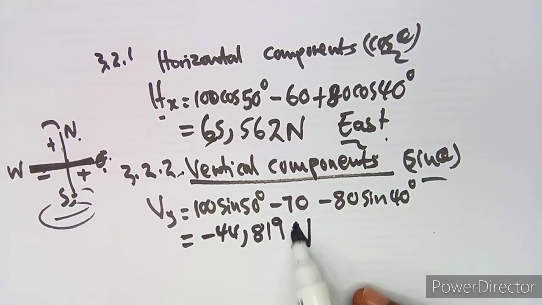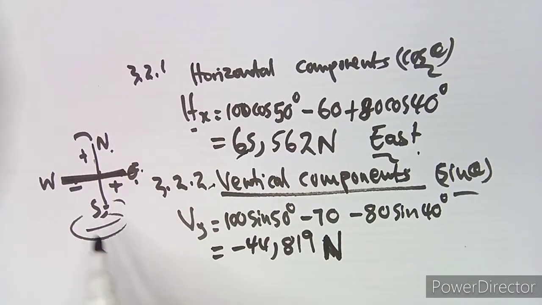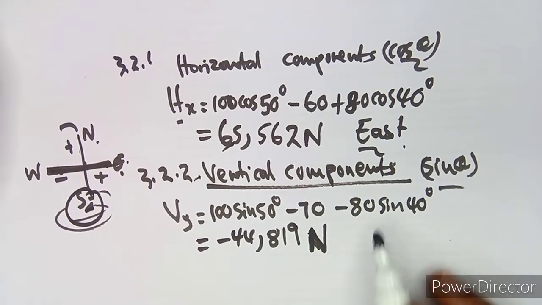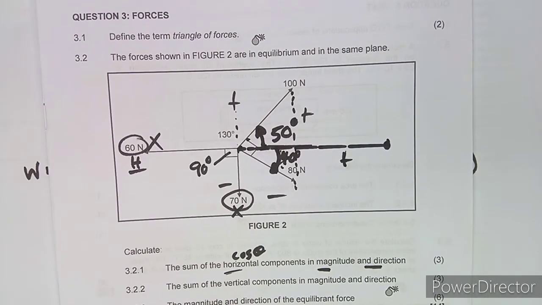Okay, so remember, you're supposed to have the direction. Remember what we said here, when we are referring to the vertical component and it's a negative, it means it is in the south. That is how you actually take these questions. So guys, as you can see, when you are working with forces, it's actually something that is easier too.